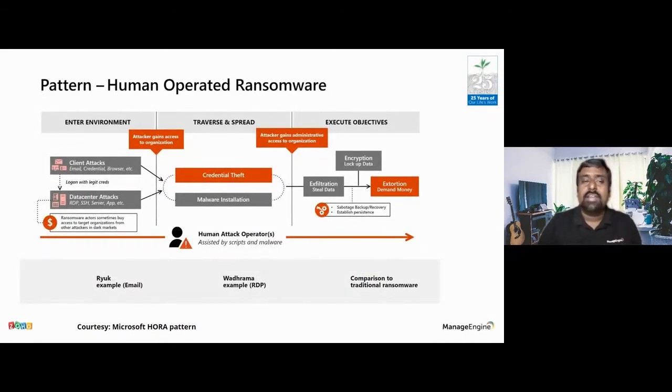Microsoft is trying to put this in three different phases: the phase where the ransomware enters your organization, then how it spreads, or the lateral movement, in your organization, and then it finally goes for execution of this ransomware. Until you reach the third stage, where the actual encryption or the actual attack takes place, it will be unnoticed.